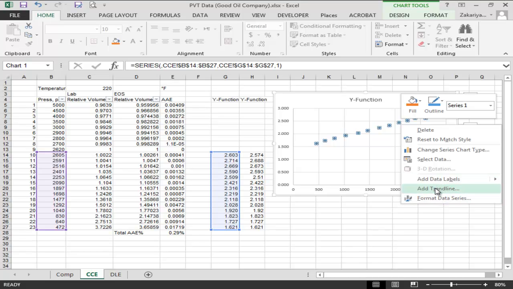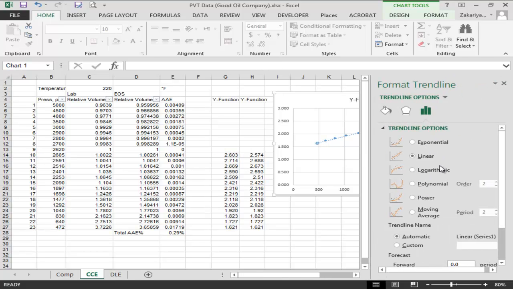How do we add a best fit line in Excel? We just right click in the chart and add a fit line. And we say linear.